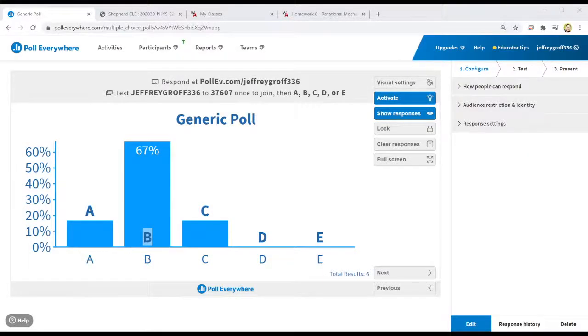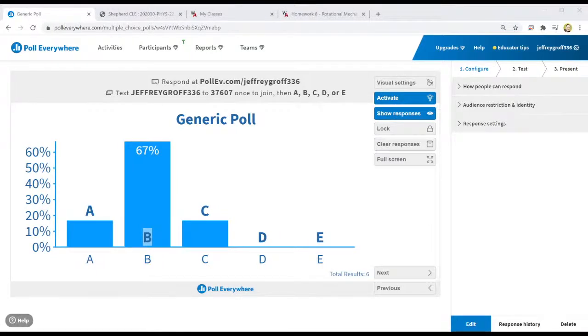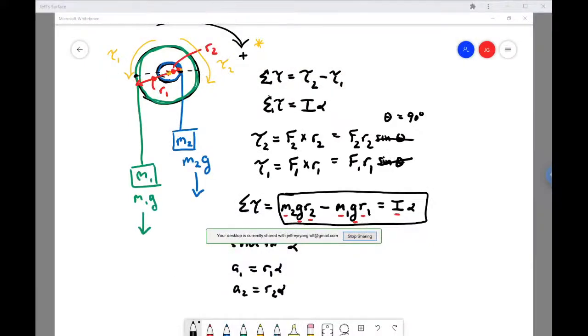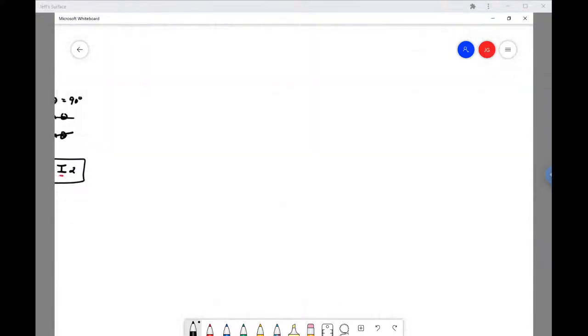Come on. One second. Yay, all right. My computer went to sleep.